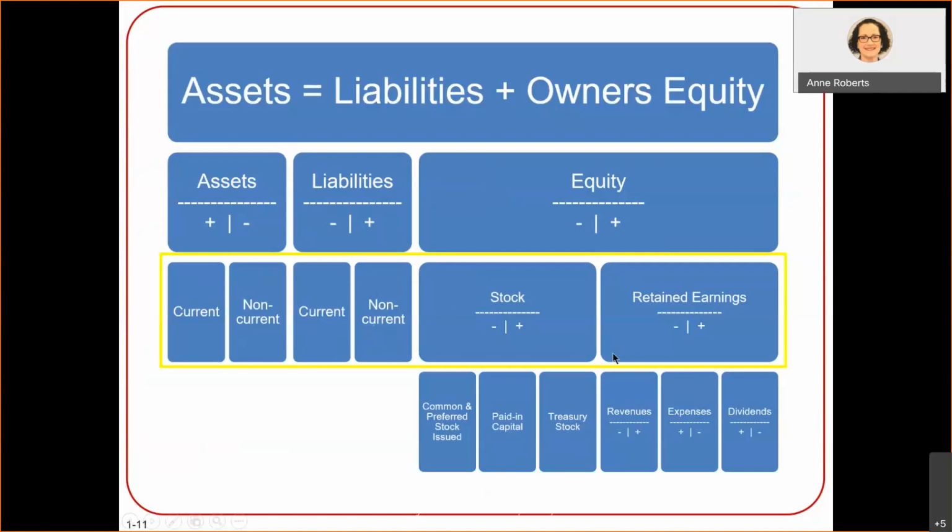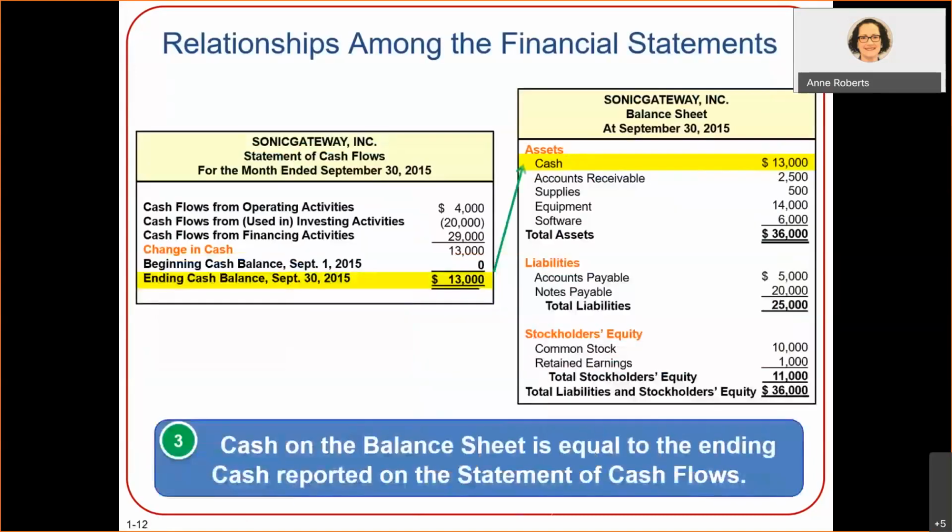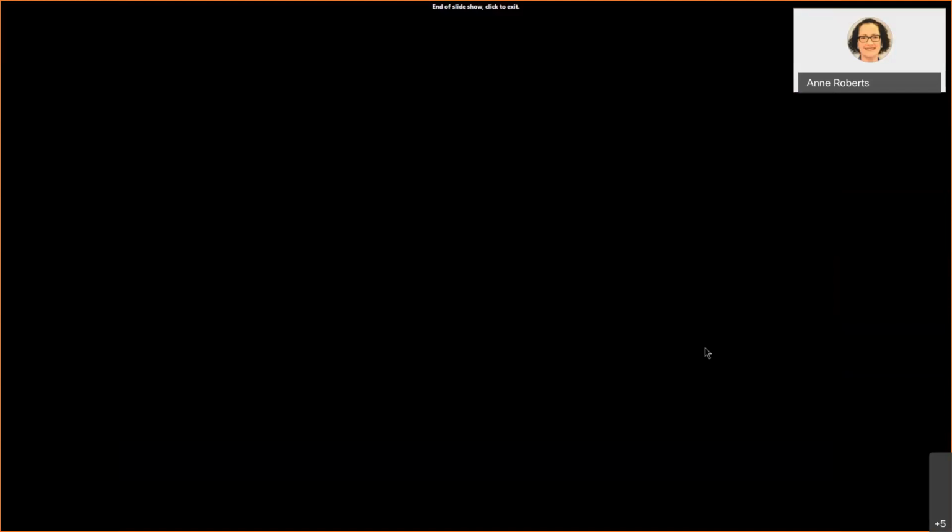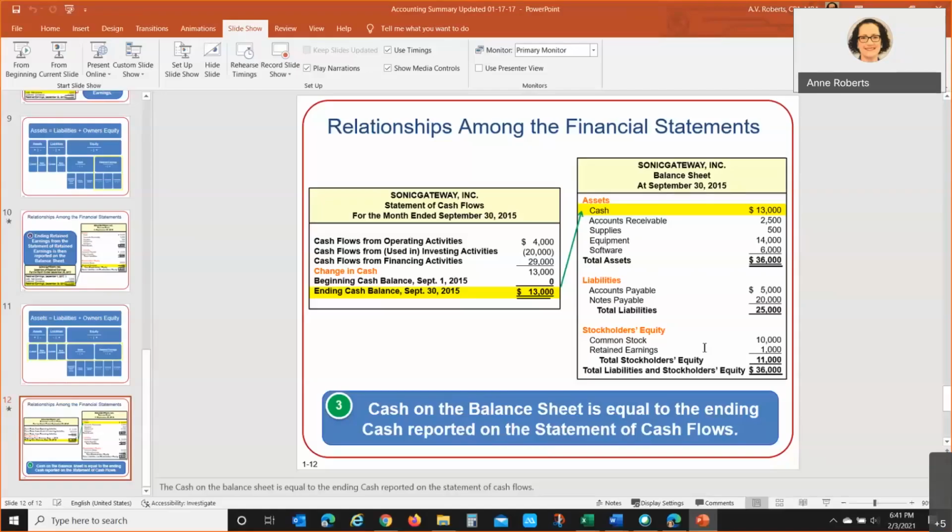How much stock do we have? How much retained earnings do we have? Okay. So it all flows together and everything rolls up to the balance sheet. Then there's our cash flows. Right. Okay. All right. So let's start there.